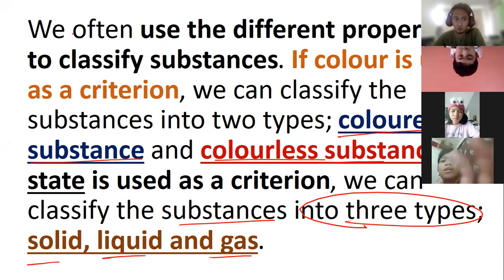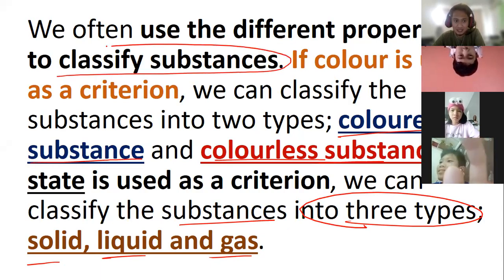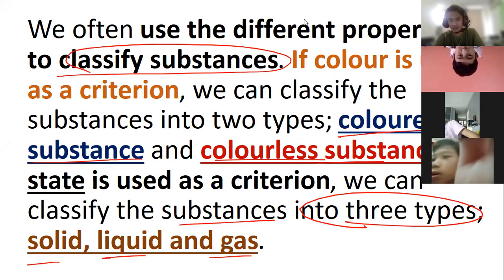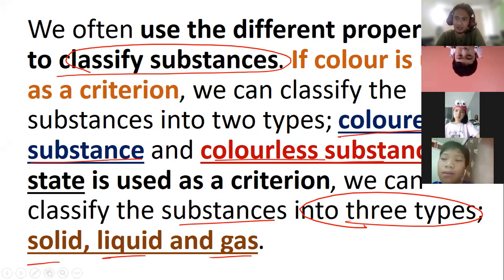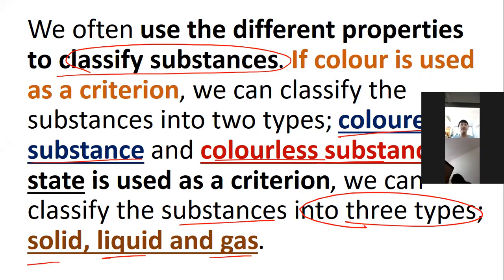Again, we often use the different properties to classify substances. We can differentiate. We can separate substances. If color is the criteria, meaning because of color we can identify anything, right? If the color is criterion, we can classify the substance into two types: colored and colorless.